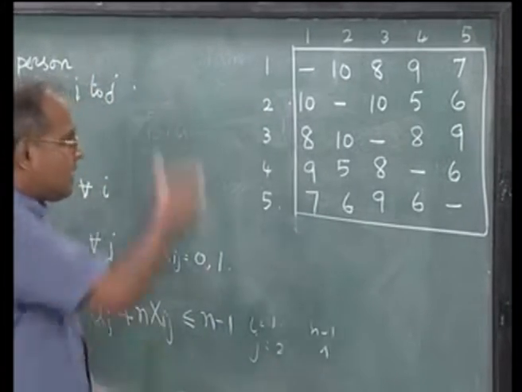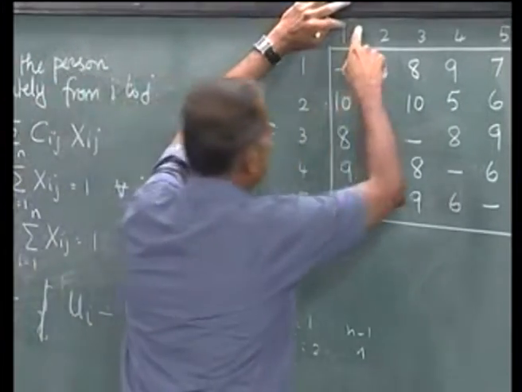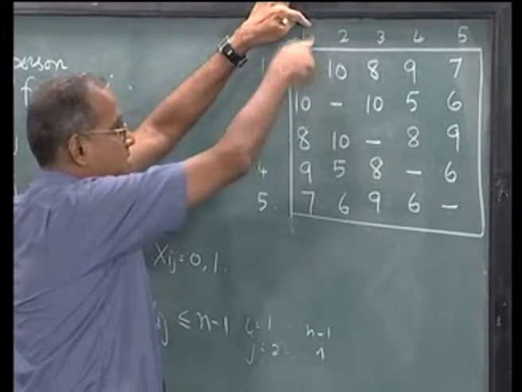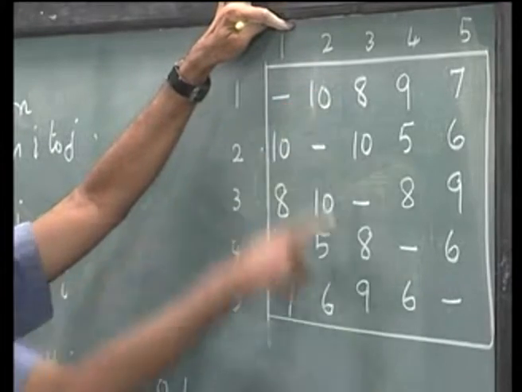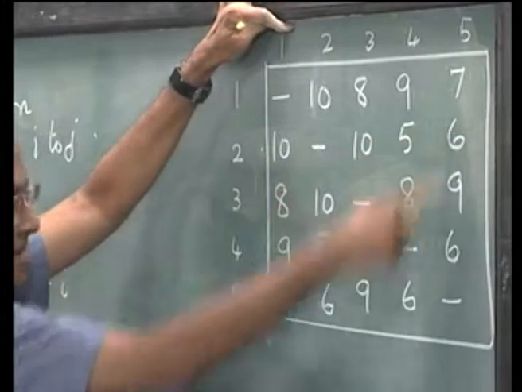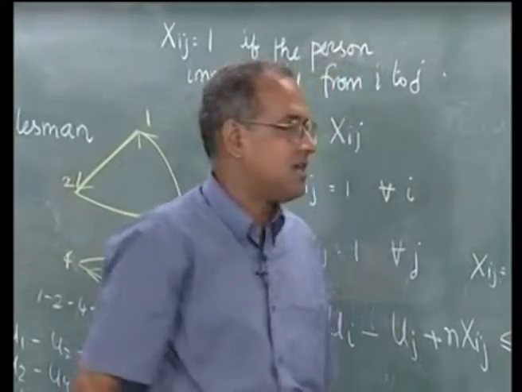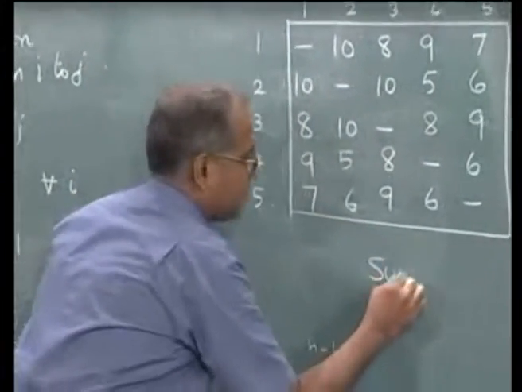Also realize that the column subtraction would also do something. For example, what does this column subtraction tell us? In order to reach 1, this person should have travelled a minimum of 7, a minimum of 5, a minimum of 8, a minimum of 5 and a minimum of 6, which would be the same 31, because the travelling salesman matrix given here is symmetric.